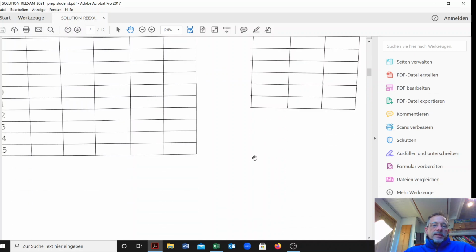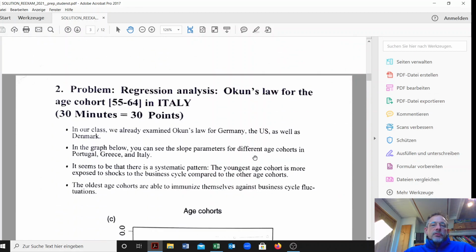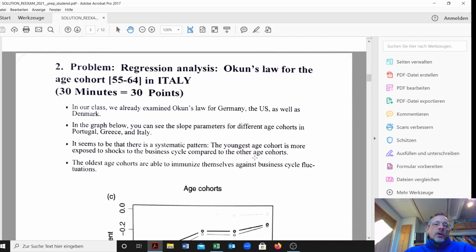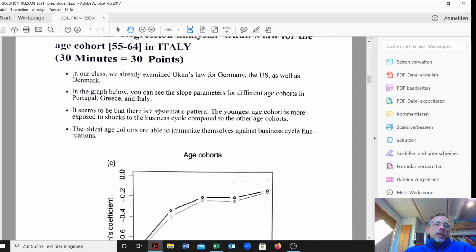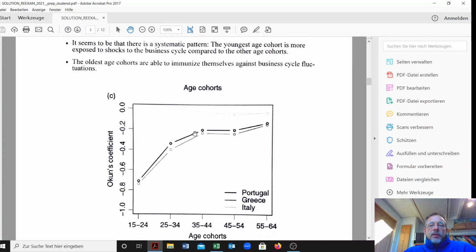So let's start with problem number 2, regression analysis, Okun's law for one age cohort in Italy. And we talked already about Okun's law for Germany, US, and Denmark. And now we would like to talk about the relationship in Italy for the oldest age cohort, so the age cohort 55 to 64.